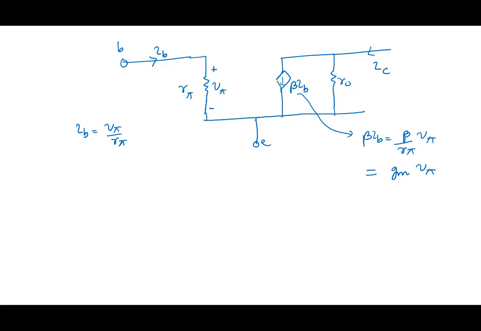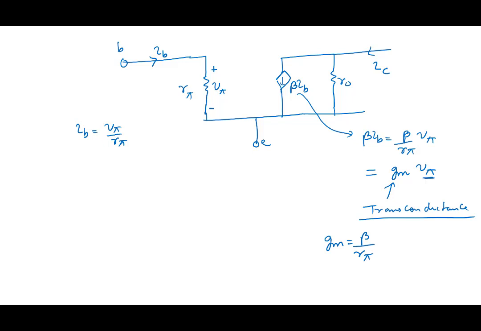Note, we are talking about a current depending on voltage, so we call it the transconductance. gm is equal to beta by R pi.